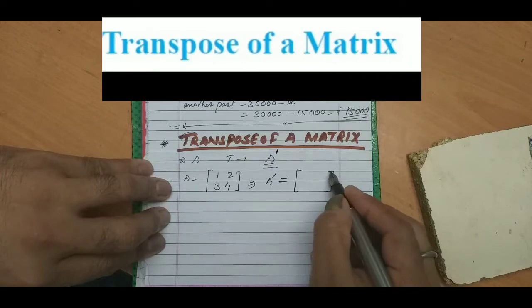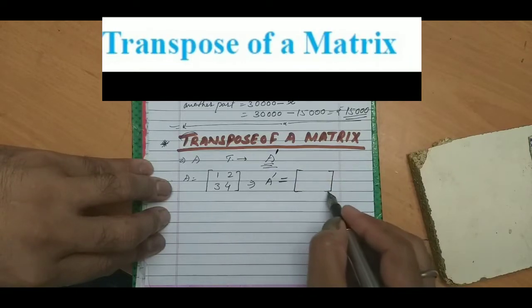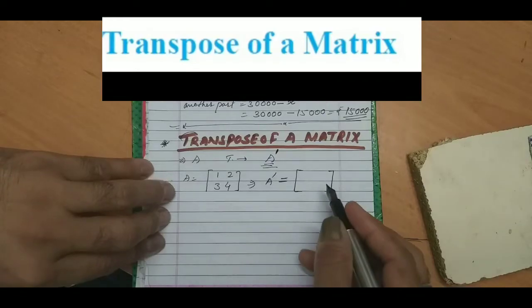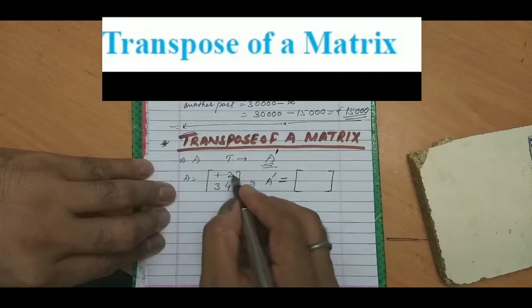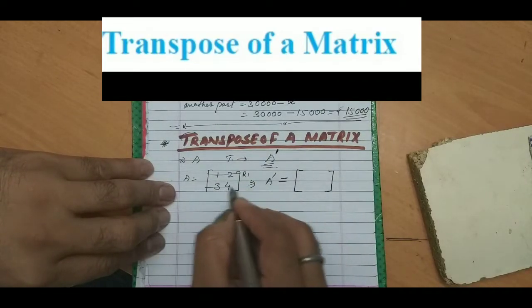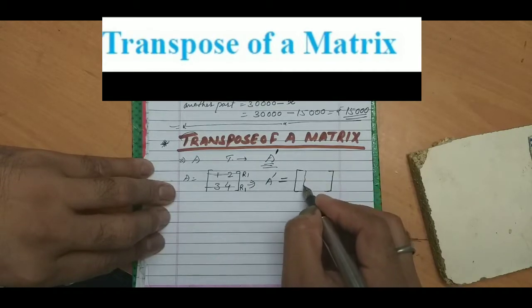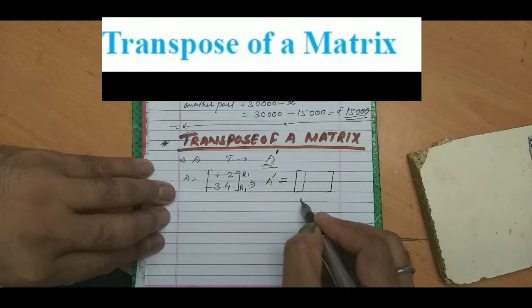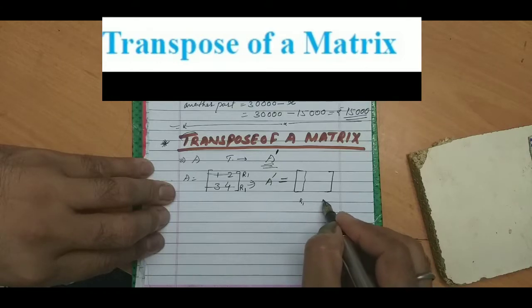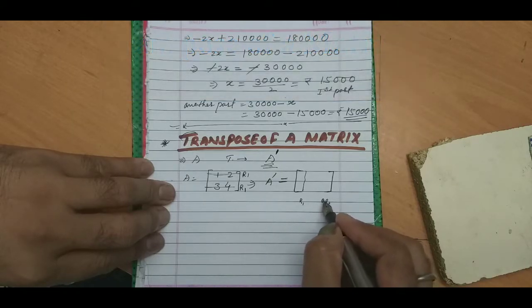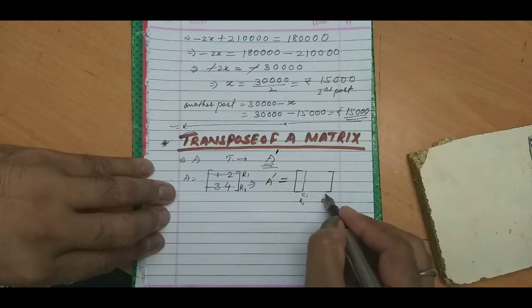When we take the transpose of the previous matrix, in the new matrix the old rows become columns. Old R1 and old R2 will become new C1 and new C2.